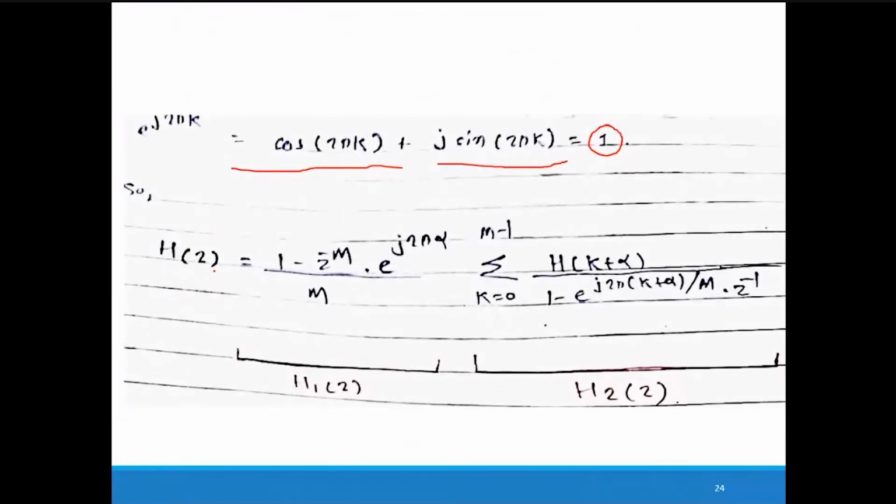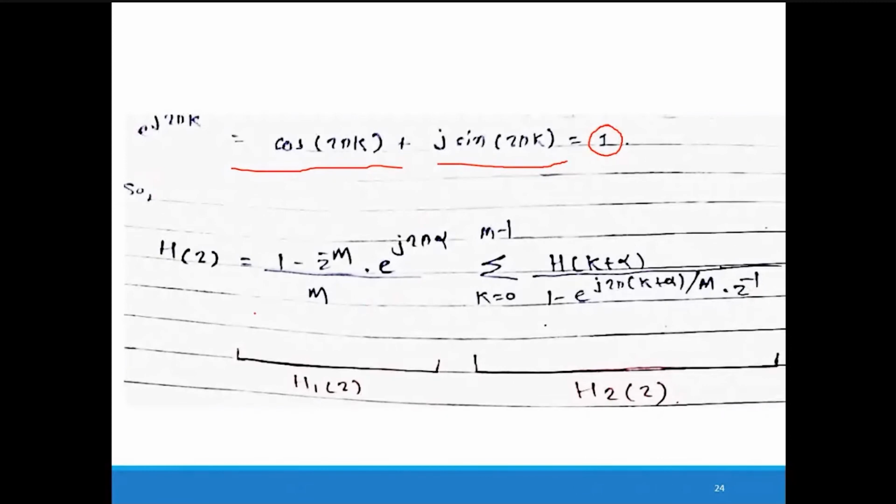H of z is equal to 1 minus z raised to minus m into e raised to j 2 pi alpha divided by m into sigma k is equal to 0 to m minus 1 h of k plus alpha divided by 1 minus e raised to j 2 pi (k plus alpha) divided by m into z inverse. Okay, so this is our final equation, whatever equation was written in that particular slide earlier.